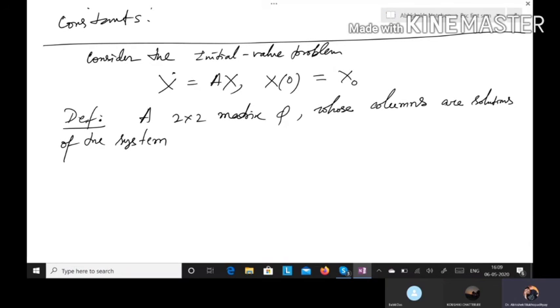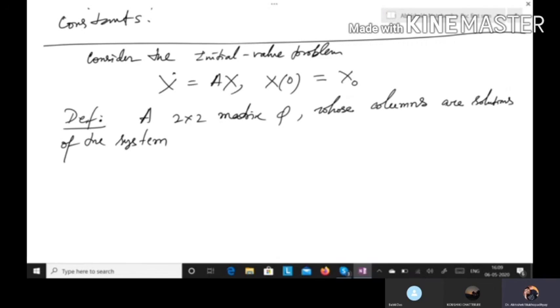Just group these solutions together as columns of a matrix. And to get more features, we need to introduce this matrix, which will be called the fundamental matrix of the linear system at some point.